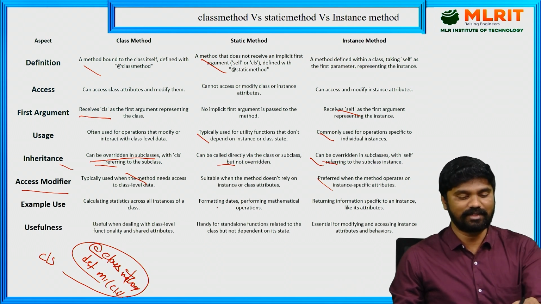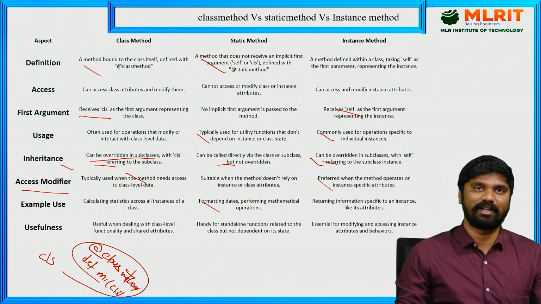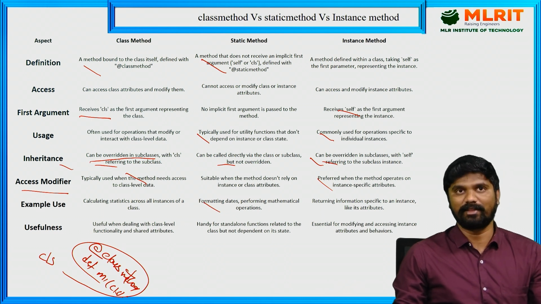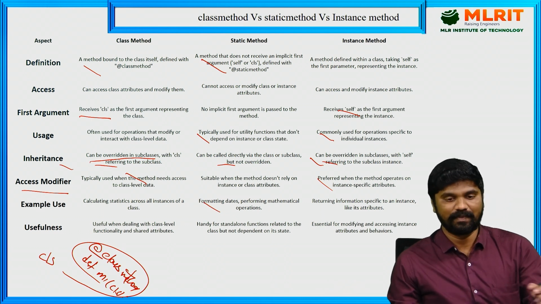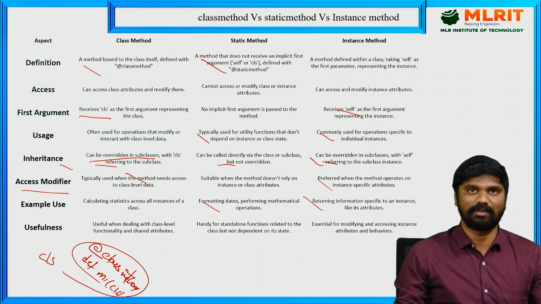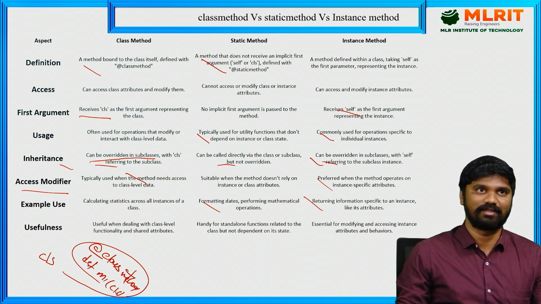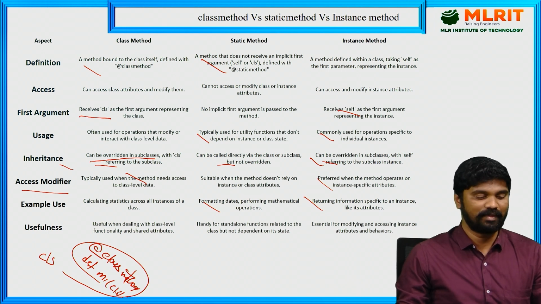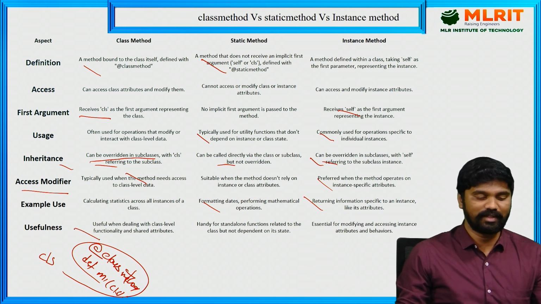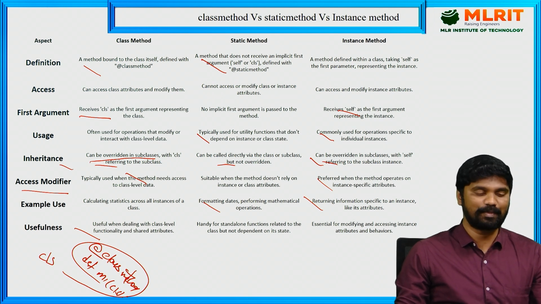The static method is just formatting data and performing small mathematical operations. Similarly, here is the instance method. Through this instance method, we can return information to an instance through an attribute. So this is the usefulness of the class method, static method, and instance method.